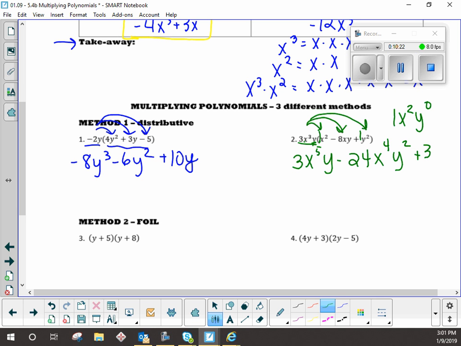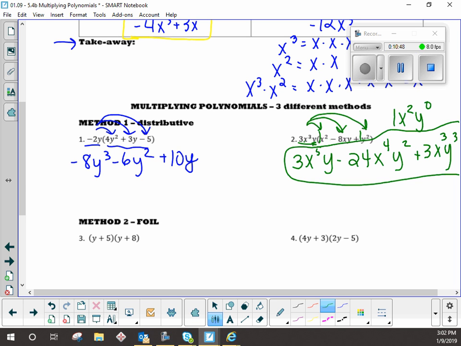That last term has no x's, so it's really like x to the 0. So when you're adding the exponents, it'll give you x cubed. And then the y's are y cubed. Okay? So kind of a big, ugly looking problem, but nothing we can't handle. Right? It's not really too bad.